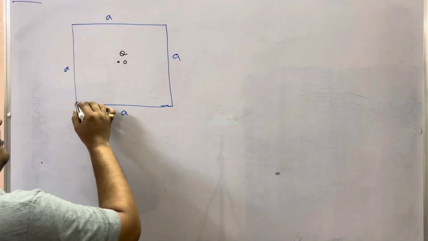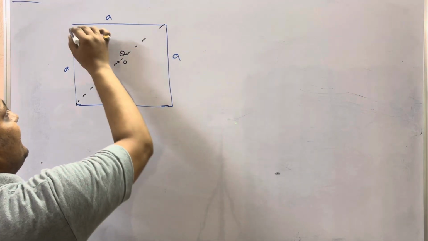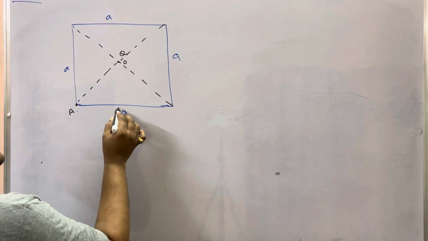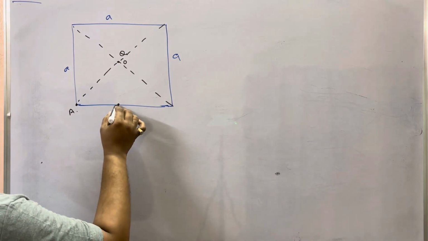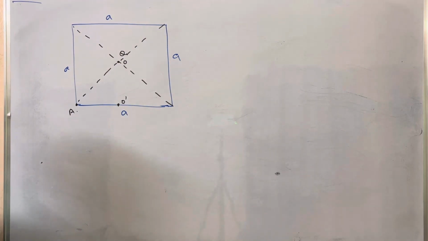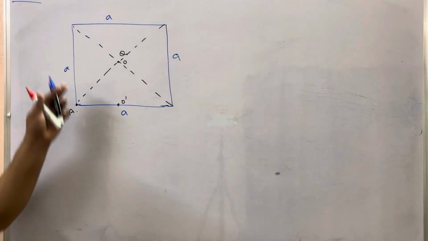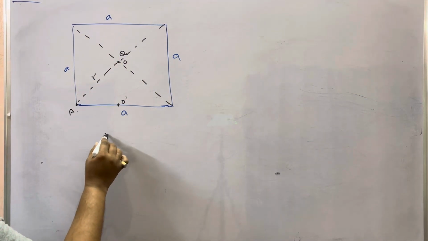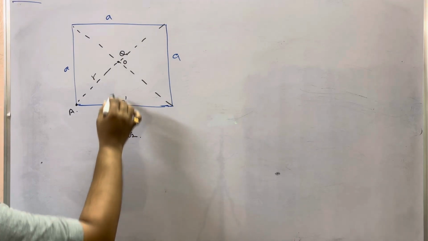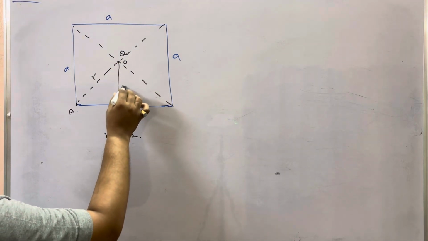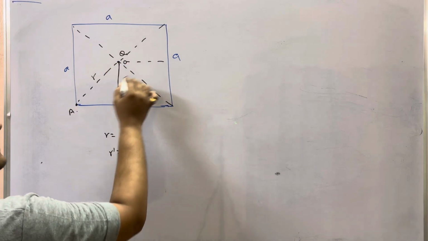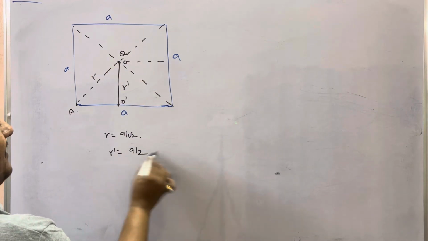At that time, what is the electric field intensity at one of the corners and at the center of any one of the sides? Any one corner or the center of any one of the sides. So, what is this distance we said? R is equal to A by root 2. Then what is this distance going to become? R dash is going to be A by 2.